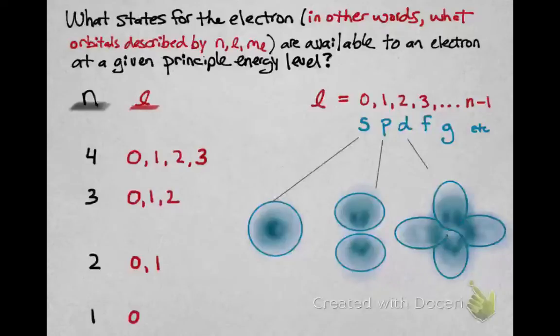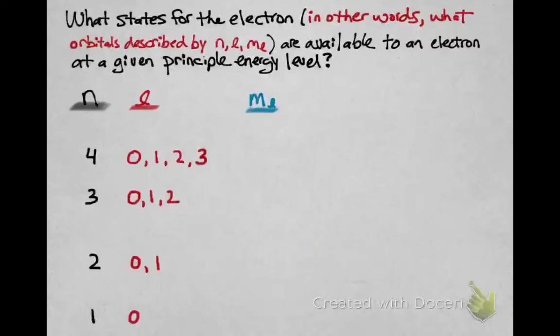Now, let's look at the orientations that are available to these orbitals. The orientations are described by the quantum number m sub l. m sub l ranges from L to negative L and changes in 1 integer increments.